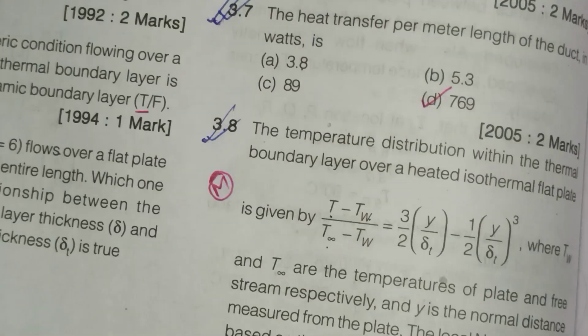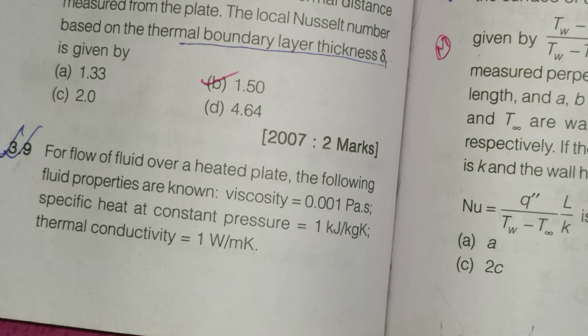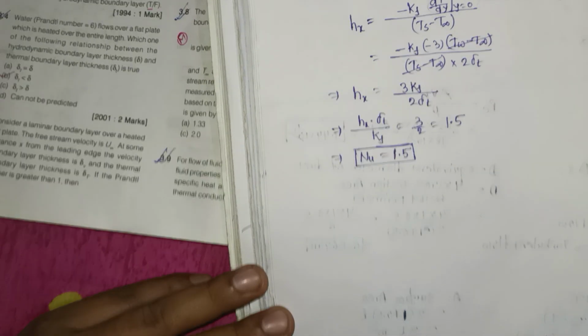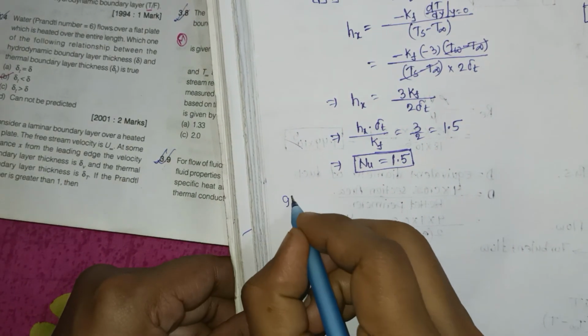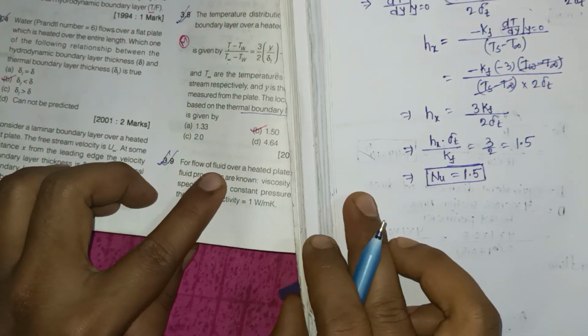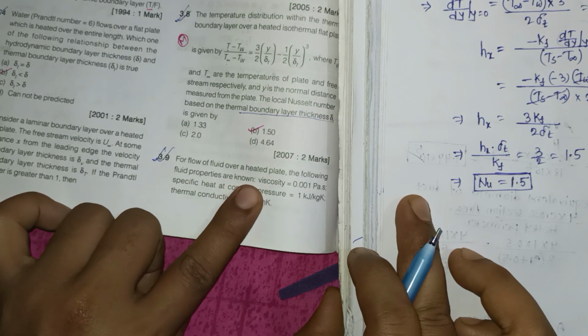So first of all, what is given in this question? Write down what is given. Question number 9. For flow of fluid over a heated plate, the following fluid properties are known.